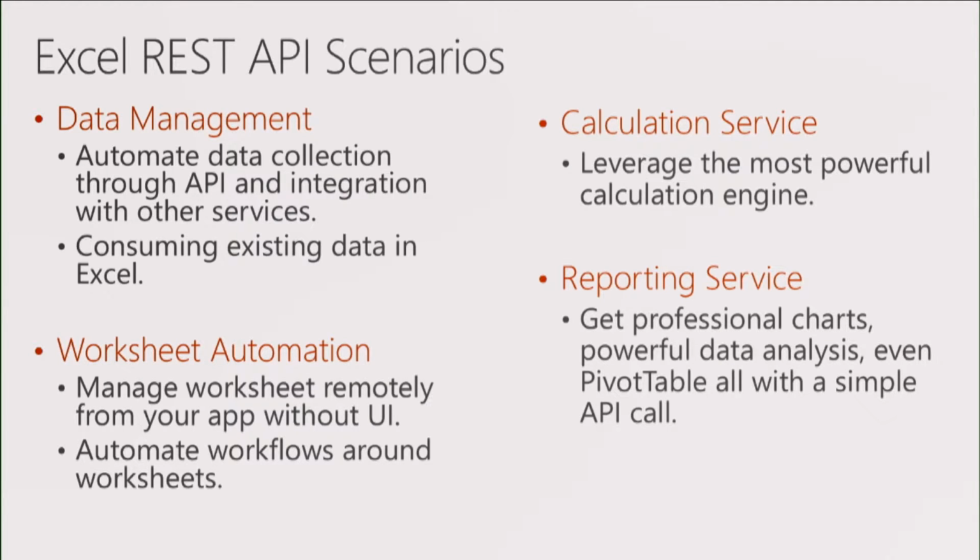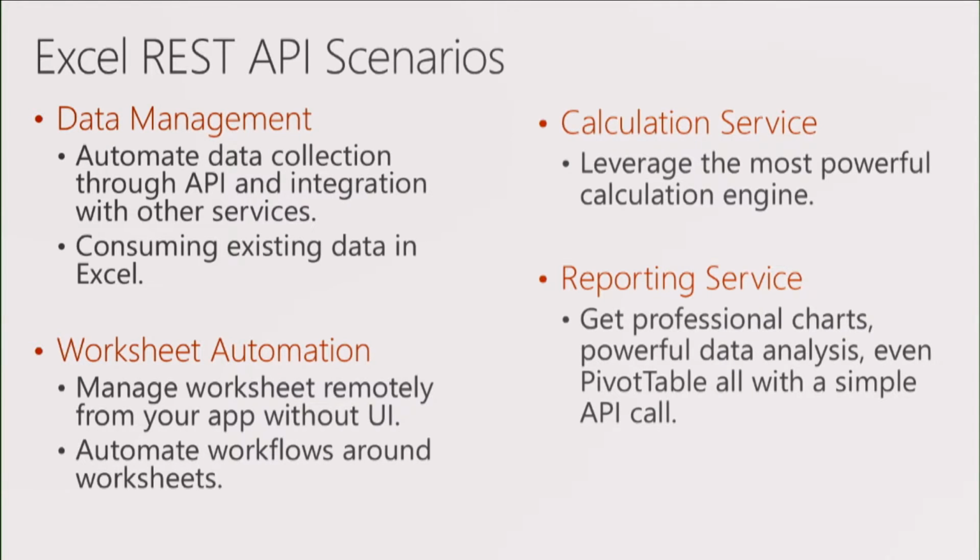And they've used the Excel REST API to get data into Excel. So every time that I get a new lead on a customer, get the customer data into an Excel file. Or every time that I make a sale, or every time that I get a tweet on this particular tag, get that tweet into the Excel file. So I can automate data collection through the API in a very easy way without having someone doing back and forth between that data.